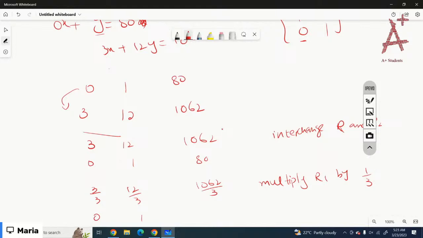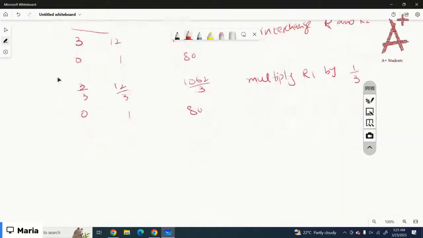Then you have 0, 1 and 80. So when you divide them by 3, it would be 1, 4, and 354 over 0, 1 and 80. You need a 0 here. Got it?